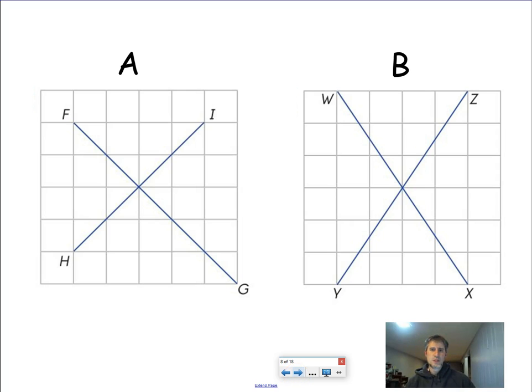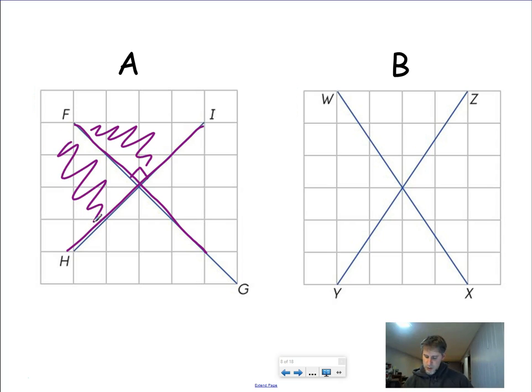Now, looking at these two, A or B, which one's perpendicular and which one isn't, and think about why. The video is going to pause again and go forward. So after you've put in your answer, you should be able to say that the two lines formed a right angle and that they are equally cut, meaning the exact same that I see on this side of the squares is the same on this side.